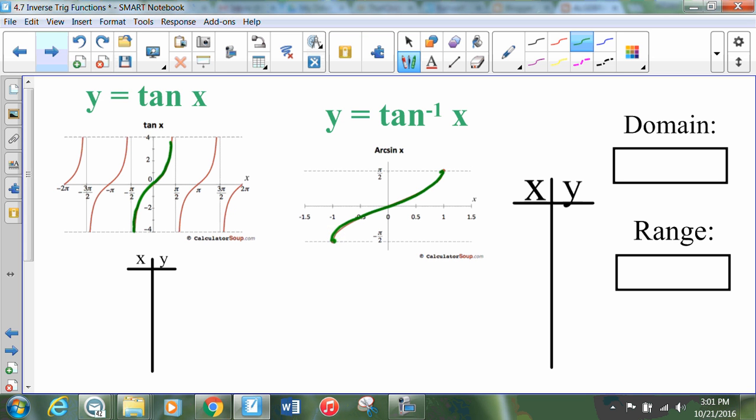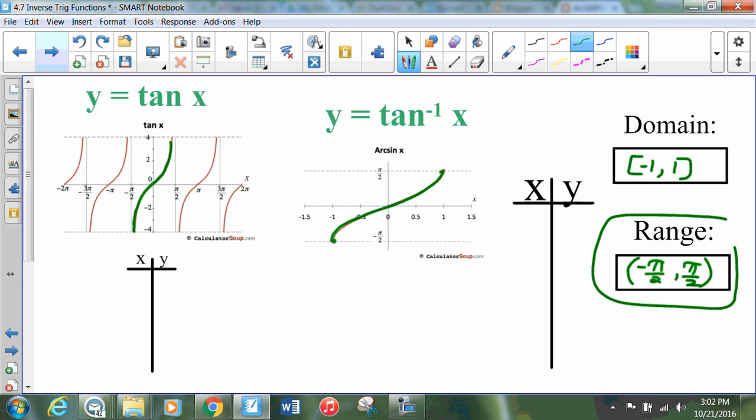Because those are asymptotes. So the domain actually does go from -1 to 1, but the range does not include pi over 2 and negative pi over 2, so we'll do parentheses for negative pi over 2 and pi over 2.